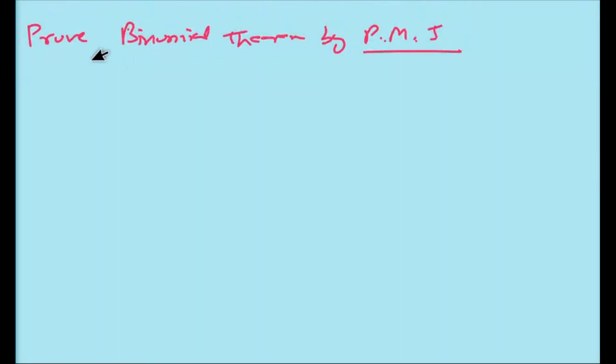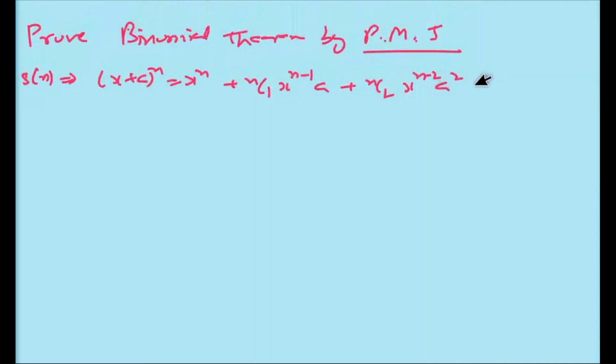Okay, so we have to prove the statement Sn, that is (x plus a) to the power n equals x to the power n plus nc1 x to the power n minus 1 a plus nc2 x to the power n minus 2 a square and so on, plus ncn x to the power n minus n a to the power n.